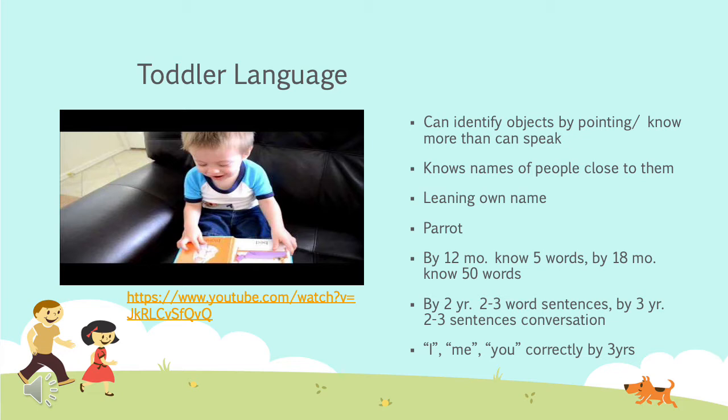So again, you can see how it just explodes, and they're using usually full sentences or pretty close to it, 2 to 3 at a time. They start to have the correct I, me, and you by age 3. So rather than "I do," they'll say, "I'd like to do that," or "Can I do it?" They start to have proper English a little bit here by the time that they're 3.